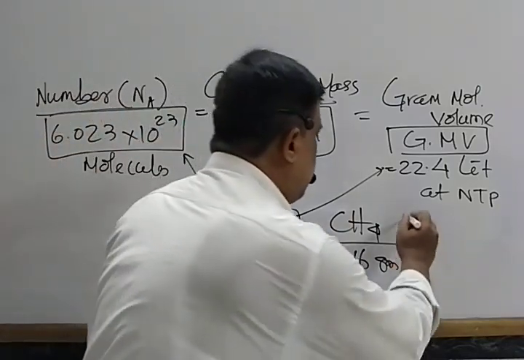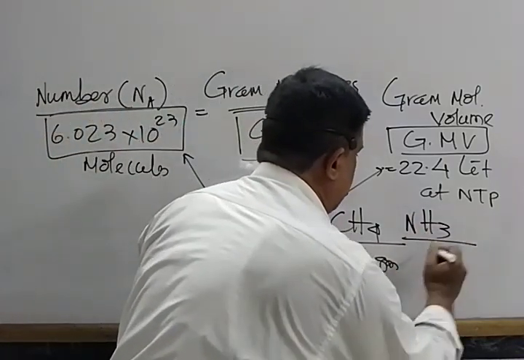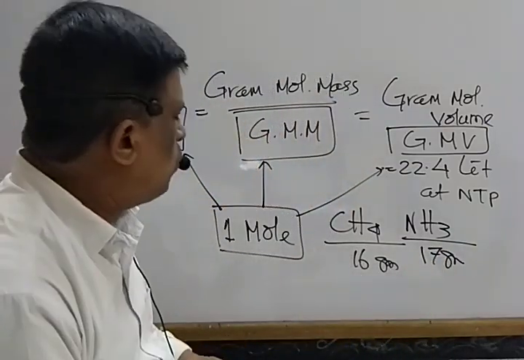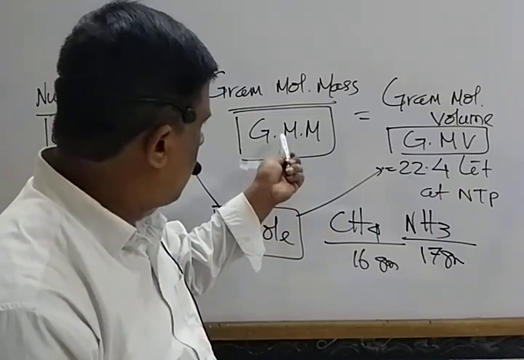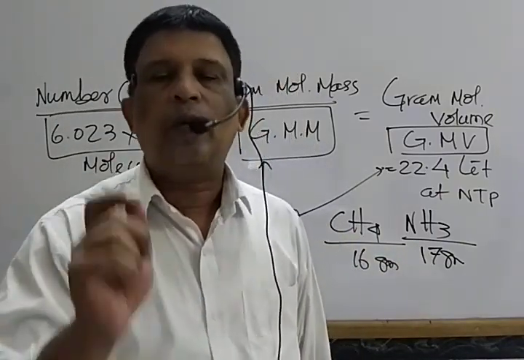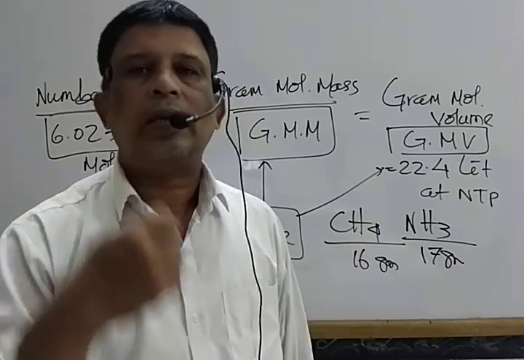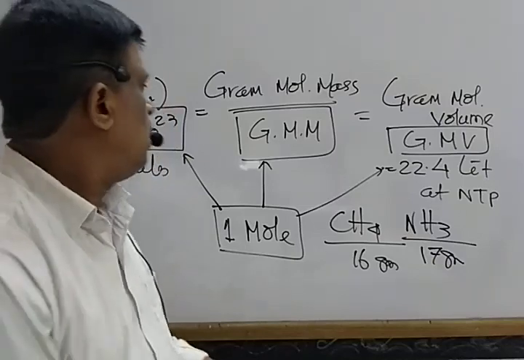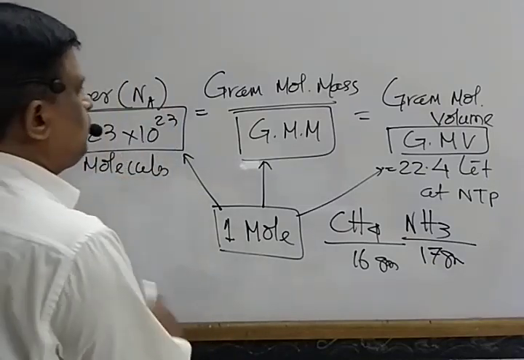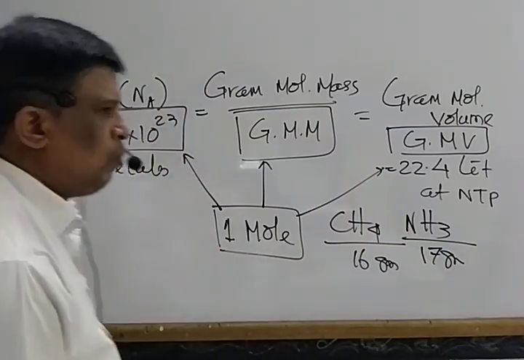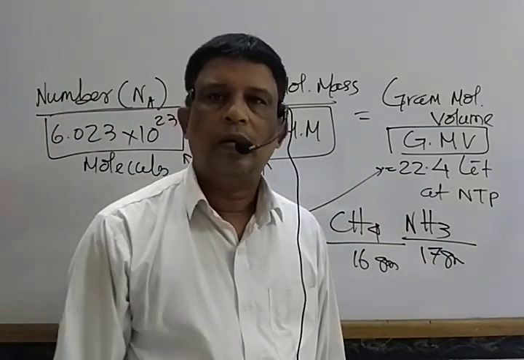Similarly, if we select NH3 ammonia, that means 17 gram. So 1 mole of ammonia molecular mass is 17 gram. 1 mole of carbon dioxide molecular mass is 44 gram. So this is the interrelationship between number, mass and volume with 1 mole of molecule.